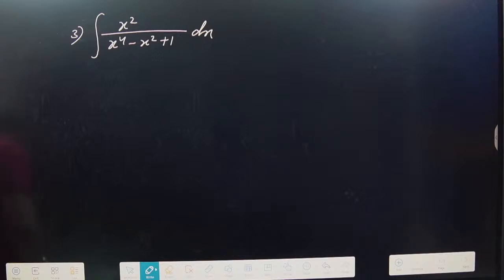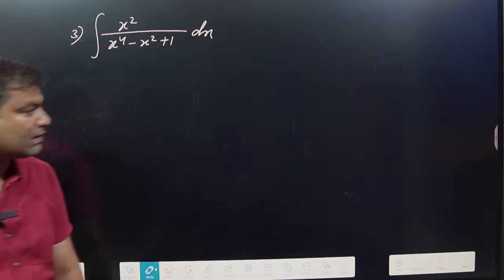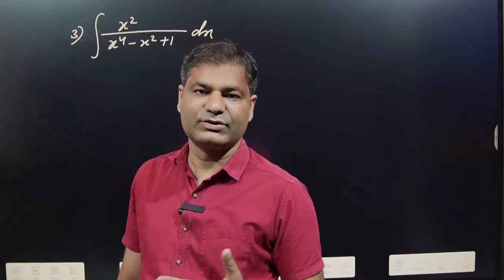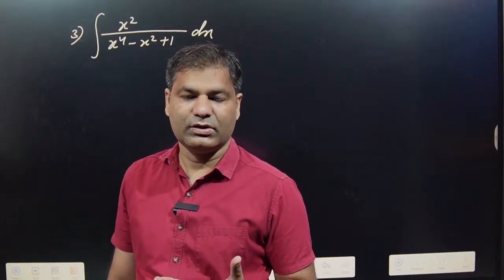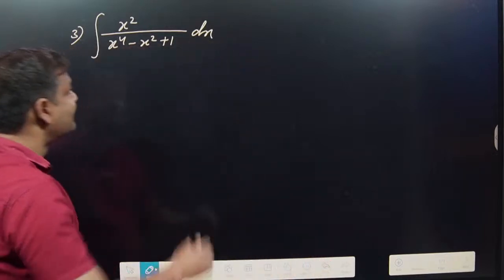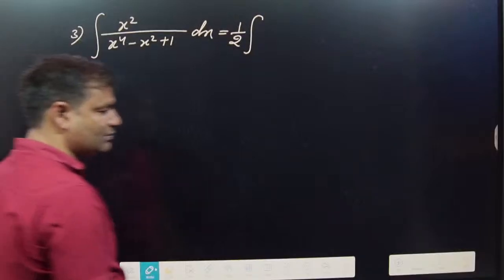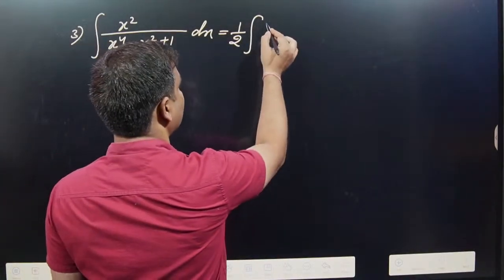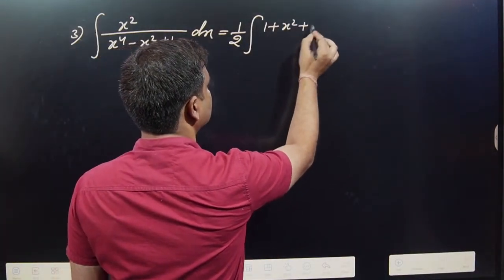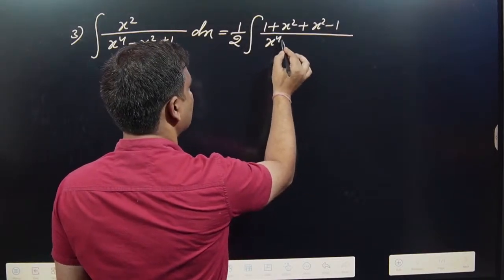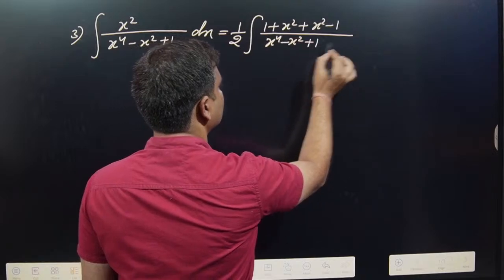Look here very carefully. How can we solve this type of problem? Simply look here. In the numerator and denominator, even powers of x are available, but if we multiply by 1 by 2 and also add 1 and subtract 1, then it is written like this.